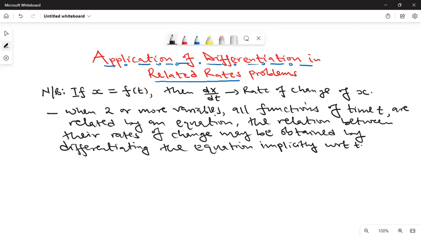So for example, let me give you a simple example.